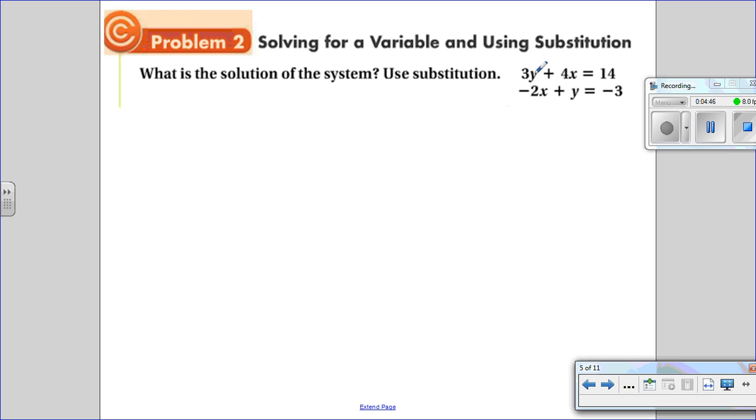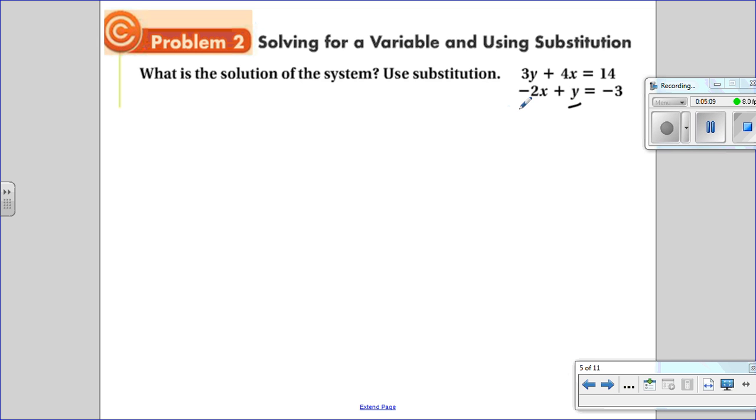What if one of the equations is not in terms of just one variable? Then you have to convert them. You have to basically solve for one of the variables. Now you can solve for either x or y. It doesn't matter. In this case, y would be the easiest because we already are in terms of 1y.